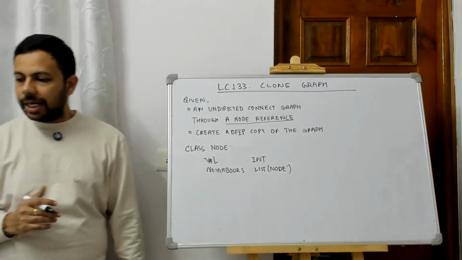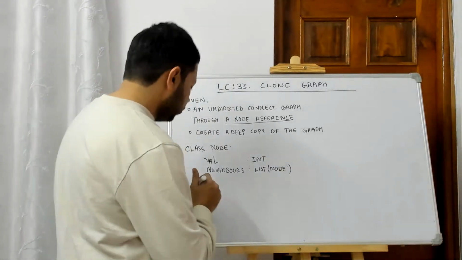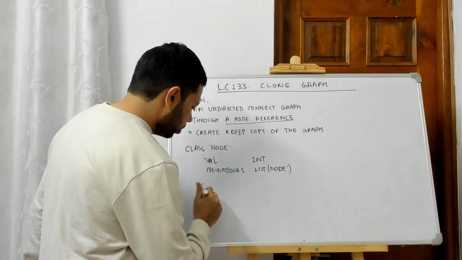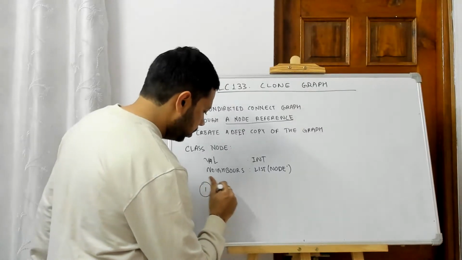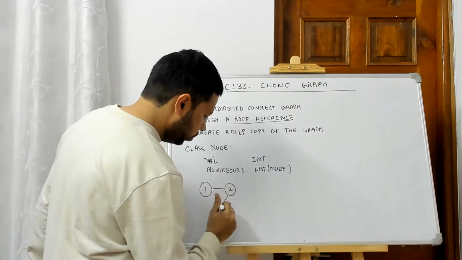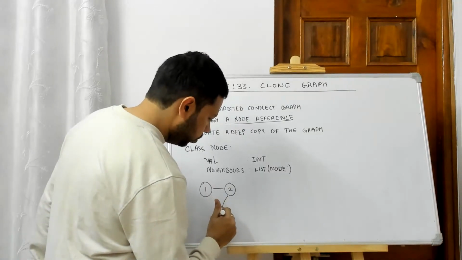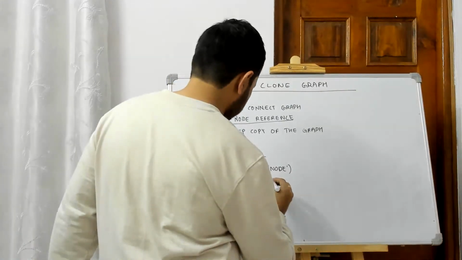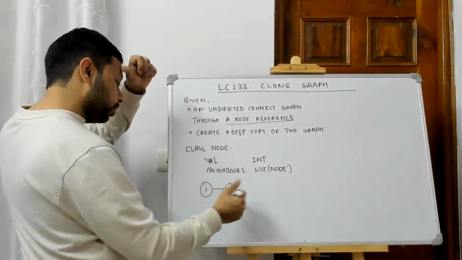Now what you are asked to do is, let's say I give you a graph whose node 1, let's say you have a graph like this. You have to create a copy of this graph, but you don't have access to the adjacency list.